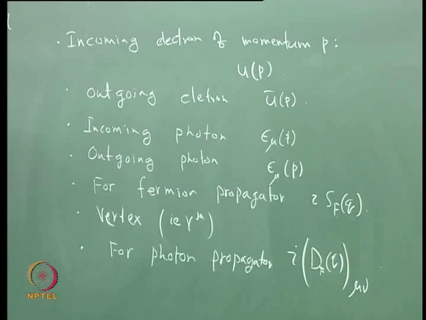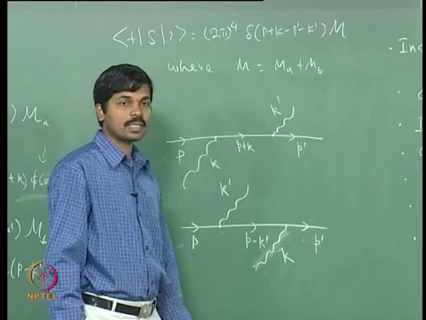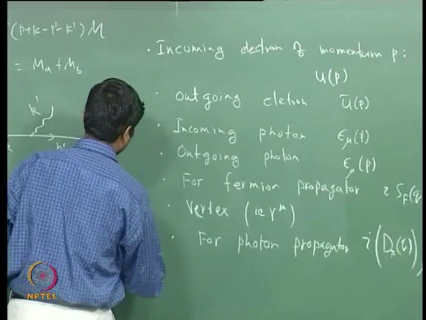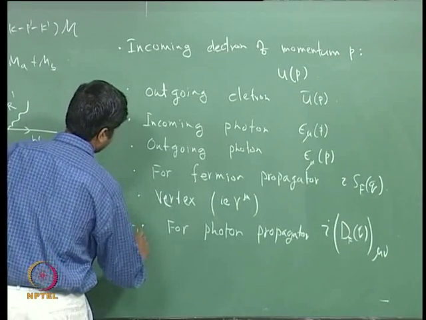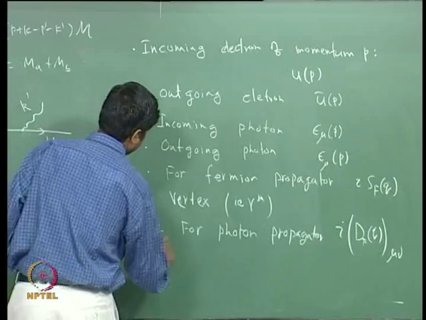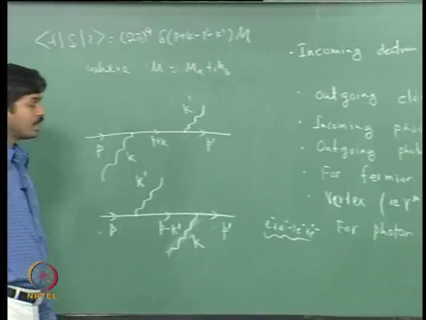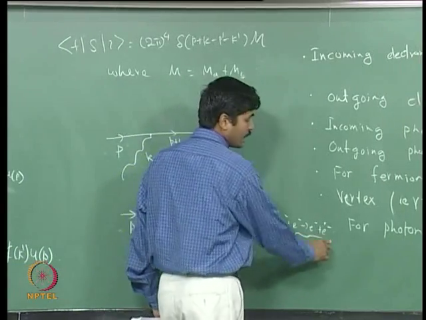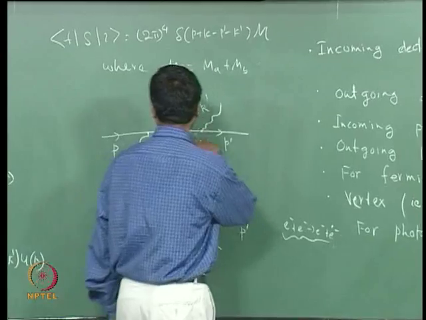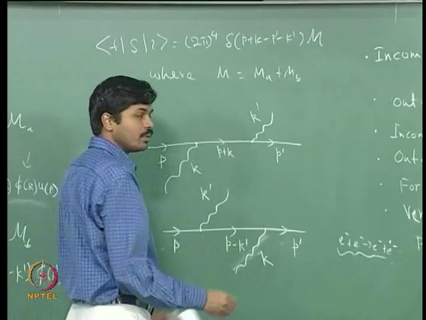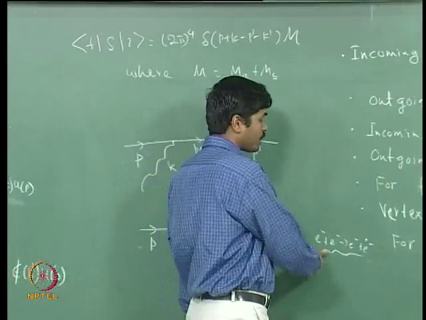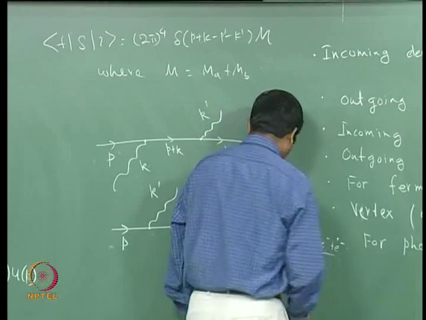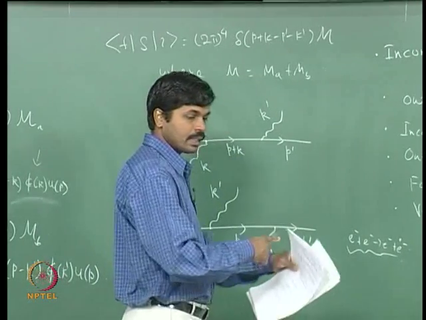Now suppose you have identical particles interacting, just like in the case of e minus e minus going to e minus e minus, then you have to take care of the minus sign because of the exchange interactions. Okay. So, when you compute the amplitudes, finally you have to add them with a relative minus sign if you have identical particles scattered with each other.